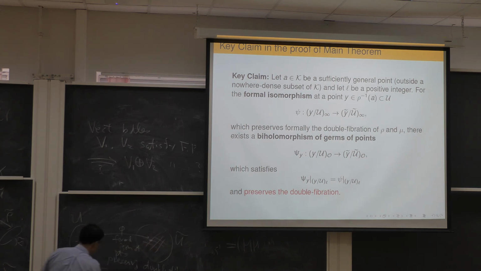And the question is, can you approximate phi by convergent isomorphisms preserving the double fibration?